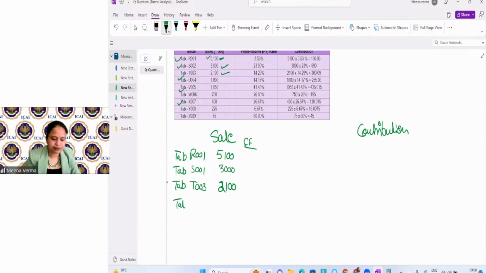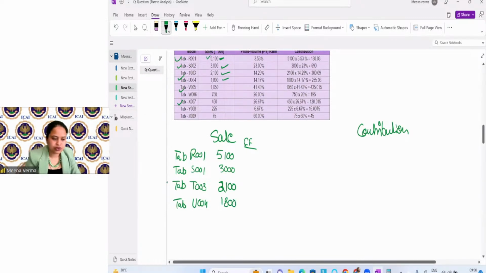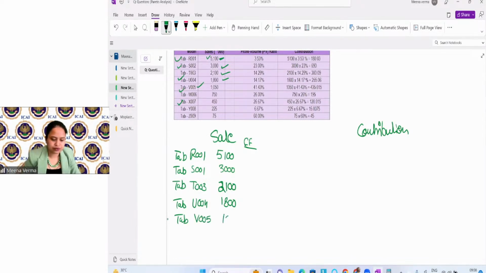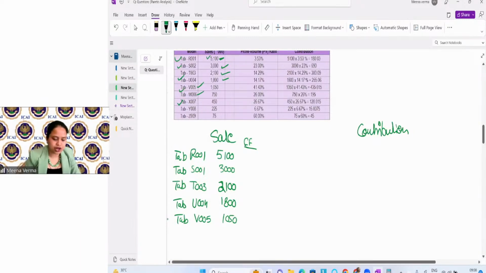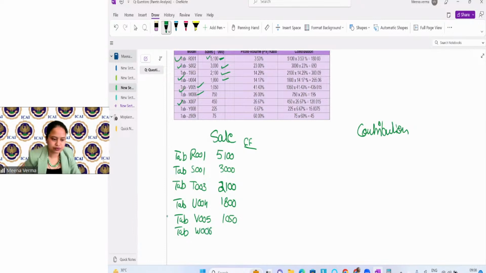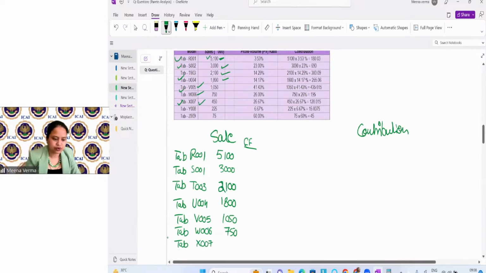Then tab this, then tab this, then tab 750, then tab 450. They're already in descending order.